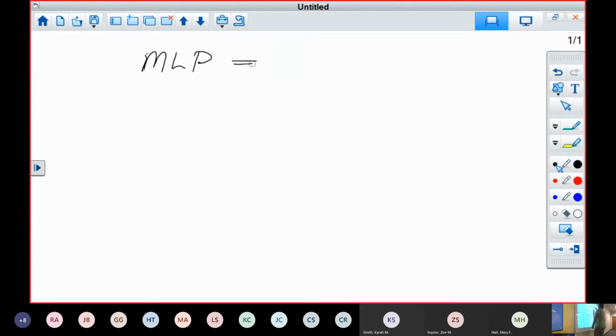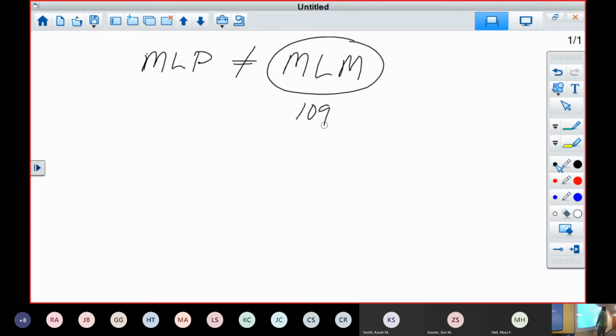MyLabs Plus is not equal to MyLabs Math. This class is using MyLabs Math. This is the new thing we're going to. By the end of next year, we will not be using MyLabs Plus. So I want everybody to make sure you understand that these two are not the same. They are very similar as far as operation, but they are not identical.